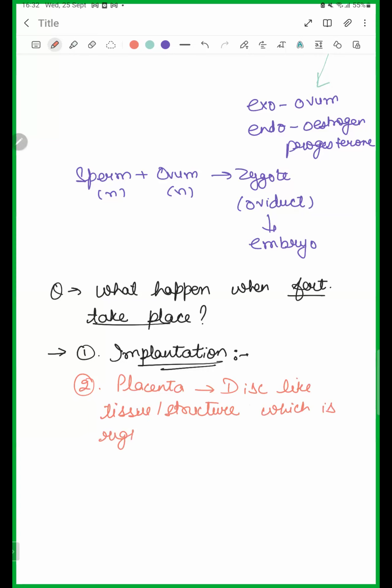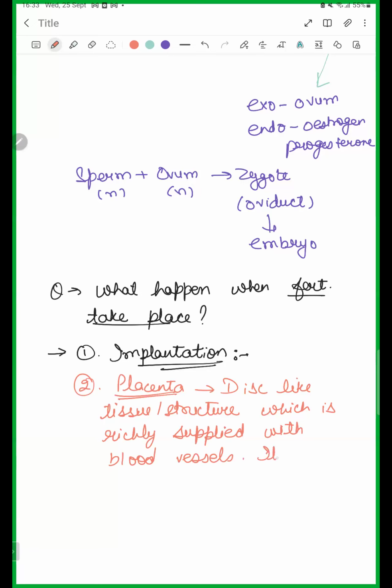You could be asked to write a short note on the placenta itself.